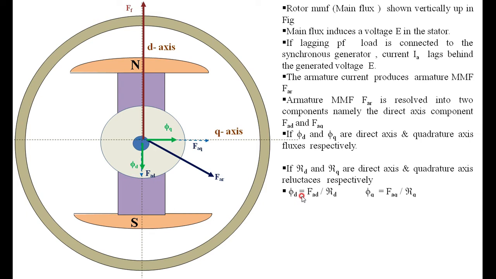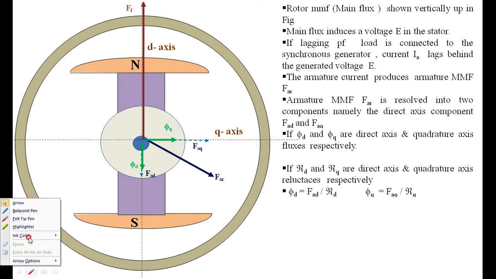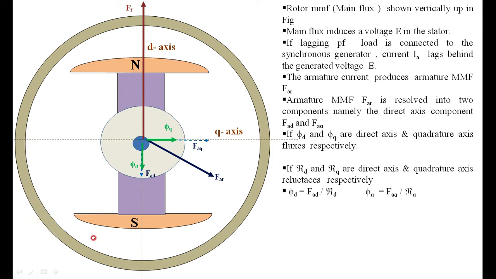How are we writing EMF? We know that E is equal to I into R. Unlike in the electrical circuit, we have MMF equal to flux into reluctance. Therefore, the flux phi is equal to MMF divided by reluctance.